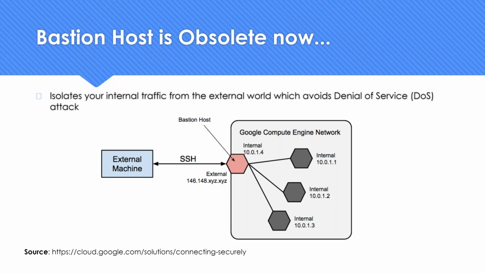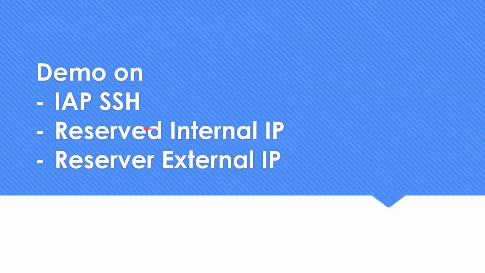The one which makes this work is called IAP, Identity-Aware Proxy. It's basically a proxy which helps you SSH and RDP into Linux and Windows machines using the internal IP address itself.